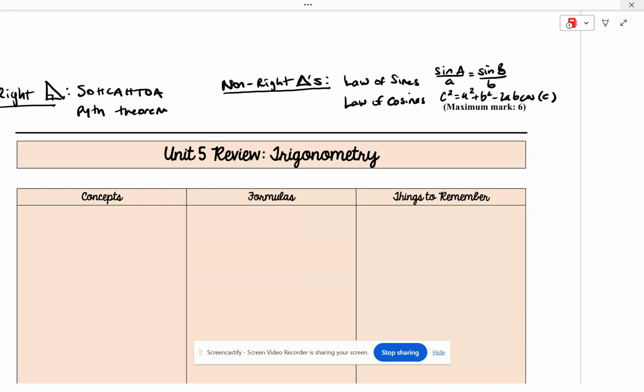We usually pick law of cosines for the side across from a known angle, and then you know the other two, right? But you need that side across. And then we usually use law of sines when you know the side across from one of the angles, you have the angle, and you need the side across from the other angle. Are you guys starting to piece together the pattern of when you use which one, right?